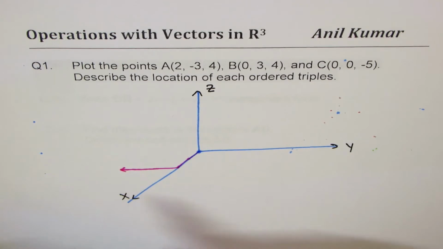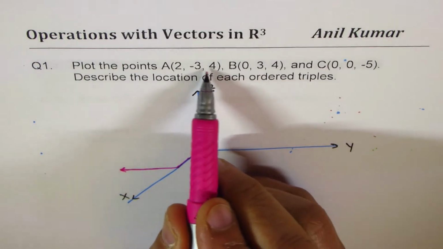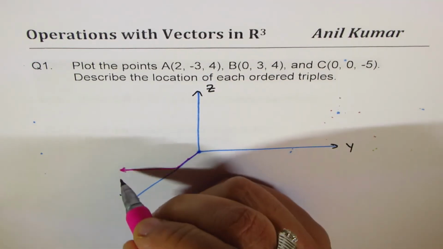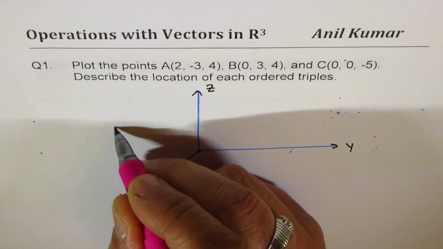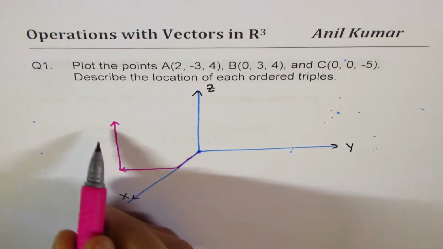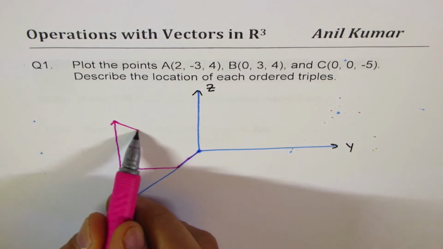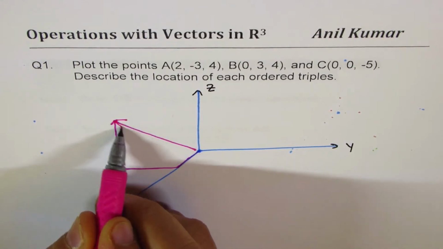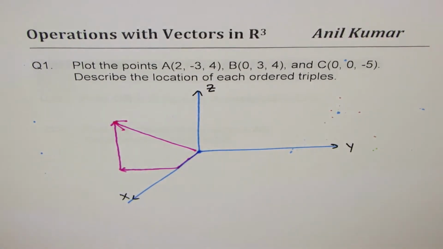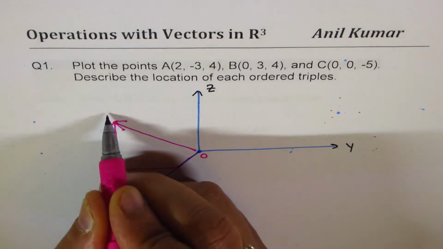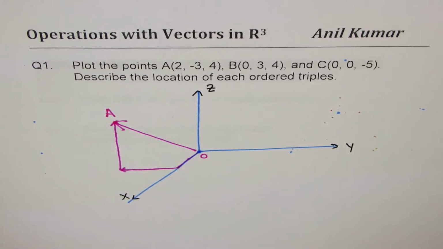Let's say this is minus 3. And then 4 up, so 1, 2, 3, 4, like this. That's the end point, and you can always join it to represent your vector OA, correct? That is how you will make it.